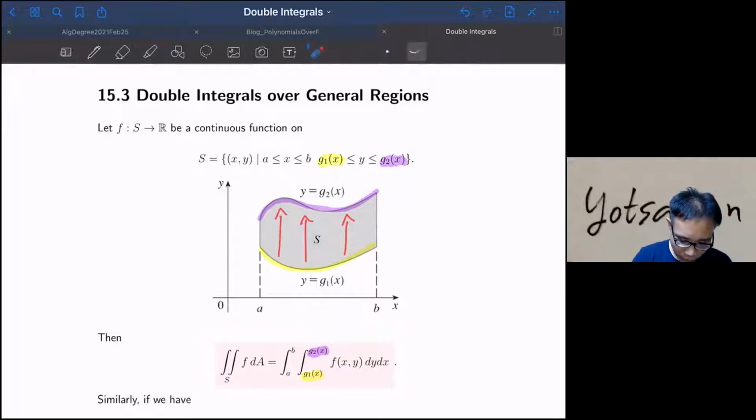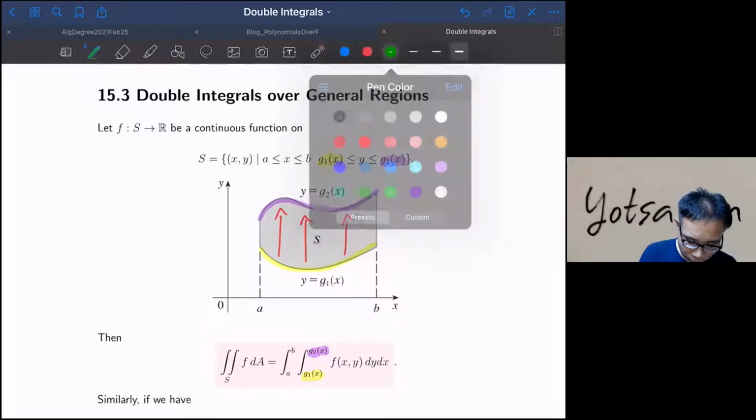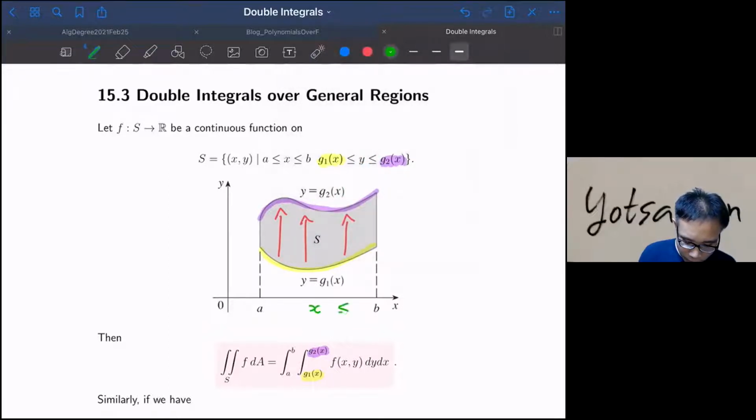And this will give you the inside integral. Then you have x going to cover from A to B, so x will cover from A to B, dx.